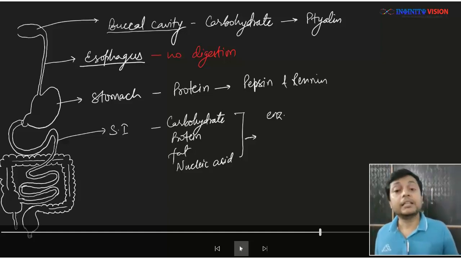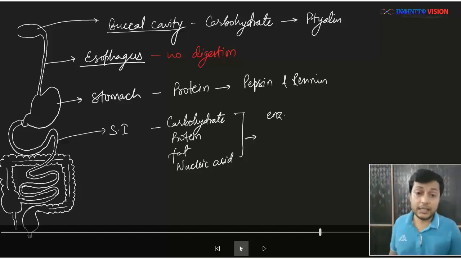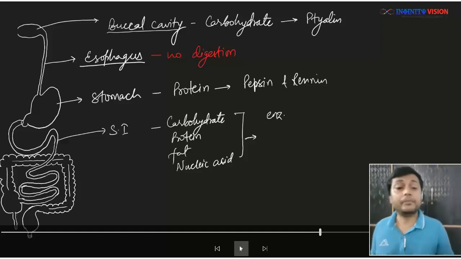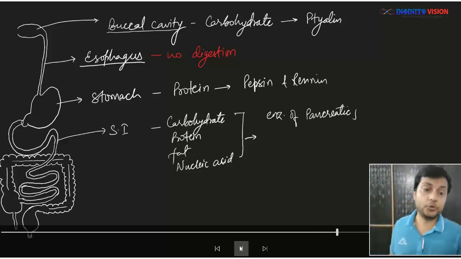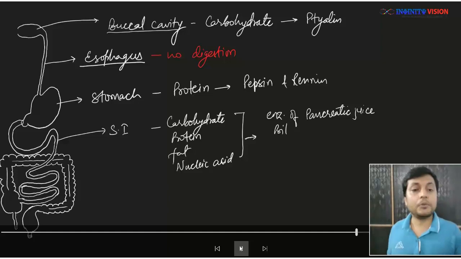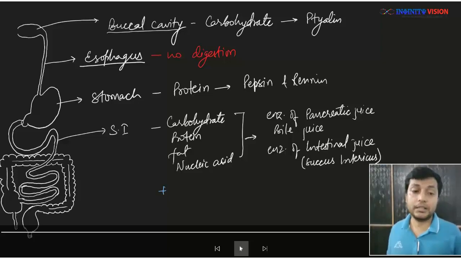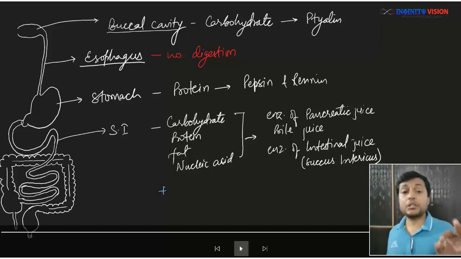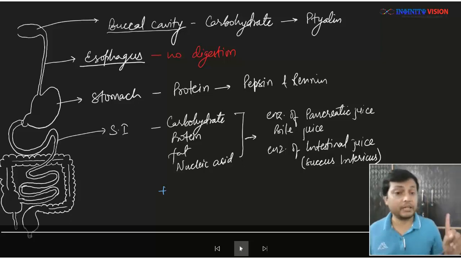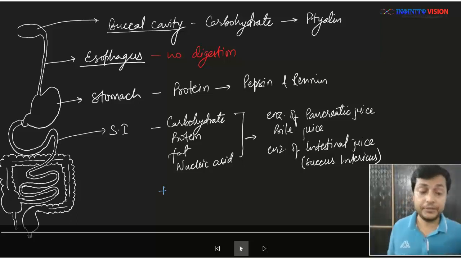This digestion takes place by the help of enzymes of pancreatic juice, bile juice, and enzymes of intestinal juice. The intestinal juice is also known as succus entericus. Do remember that I'm not saying enzymes of bile juice, because bile juice does not contain any enzyme.